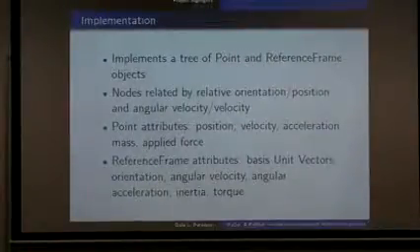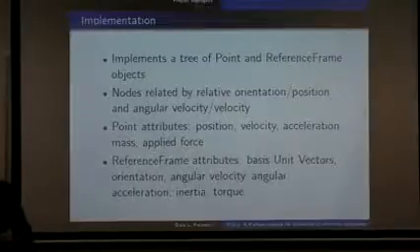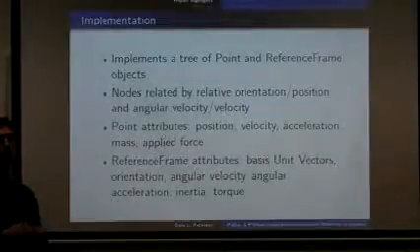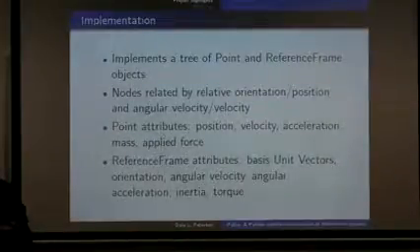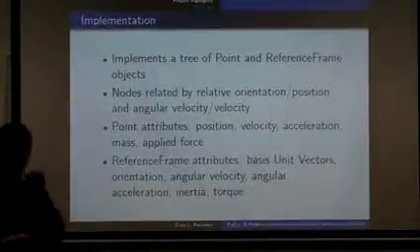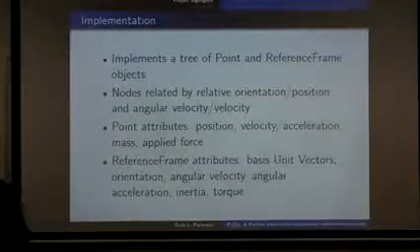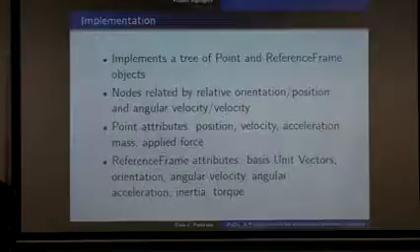So getting down to the structure of it, the focus of py4science is really on classical mechanics, so systems of rigid bodies and particles, and forces and torques that act on those particles and rigid bodies. They can be all nonlinear. You can use linear models if you want, but you don't have to. And what it does is essentially implements a tree of points and reference frames.